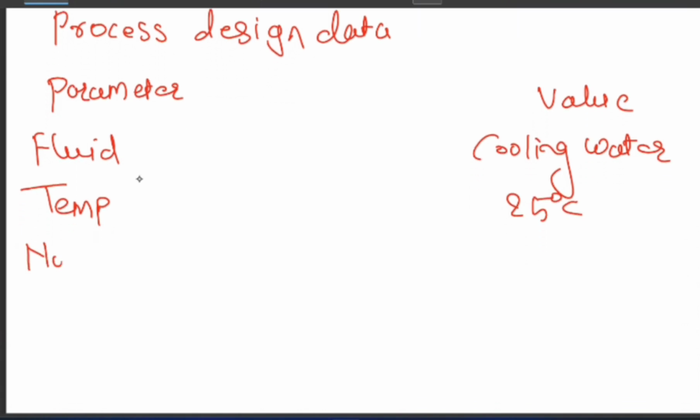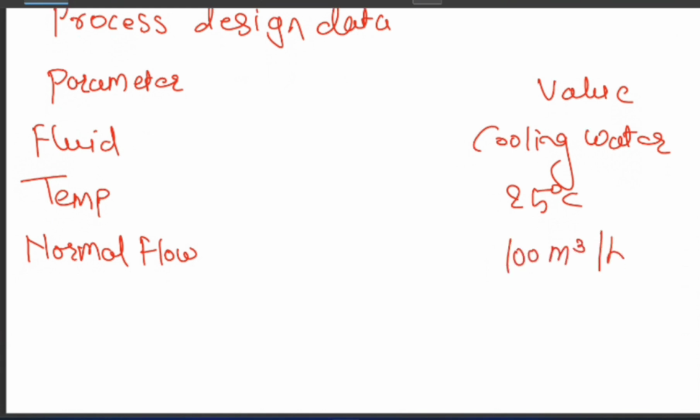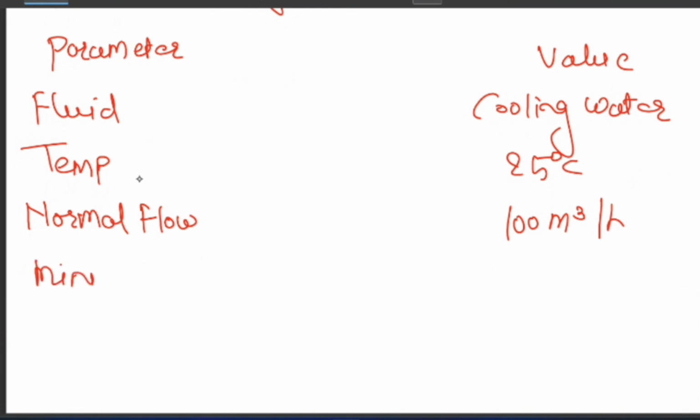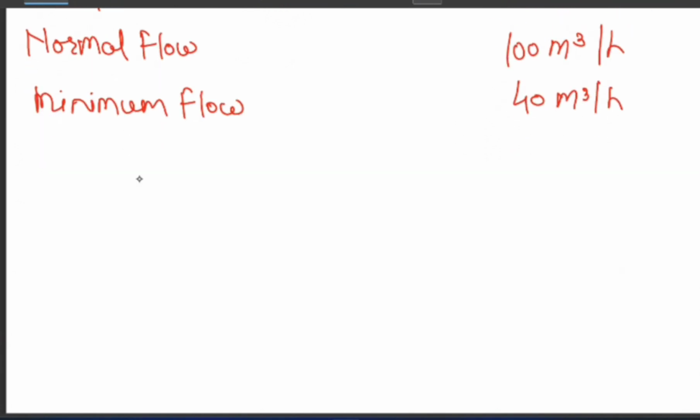Then normal flow was 100 m³ per hour. Minimum flow was 40 m³ per hour. Maximum flow was 120 m³ per hour.